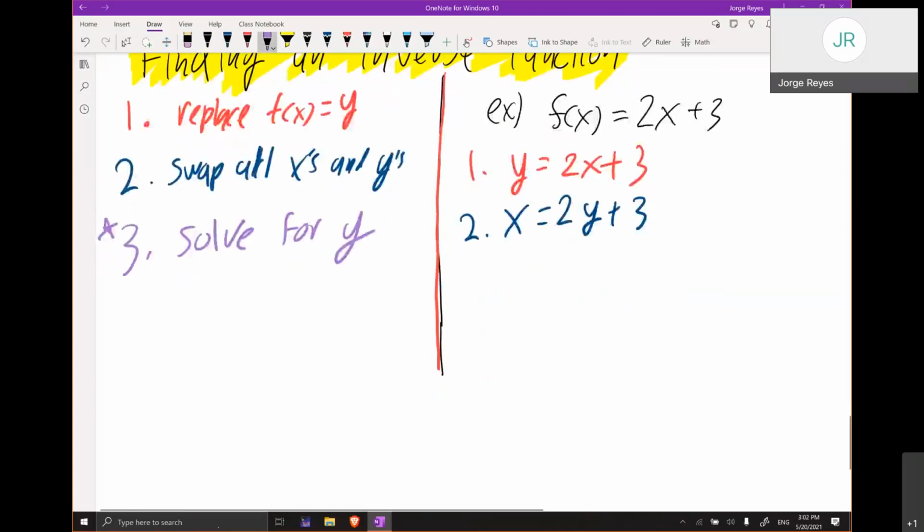So I'm going to subtract a 3 from both sides, get x minus 3 equals 2y. Then I'm going to divide both sides by 2. So y equals 1/2 x minus 3 over 2.